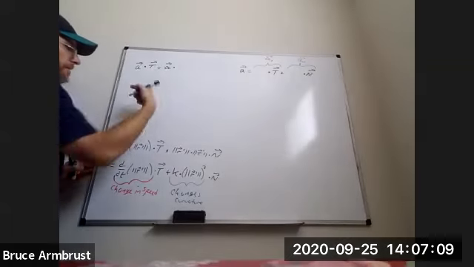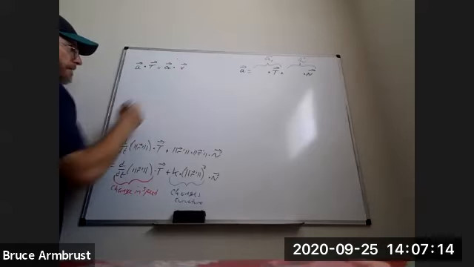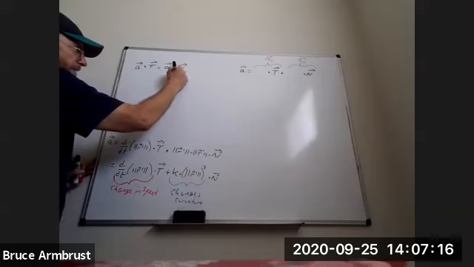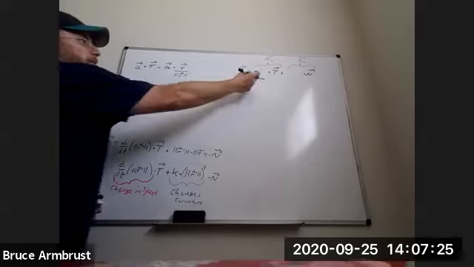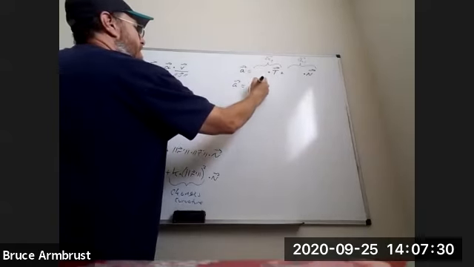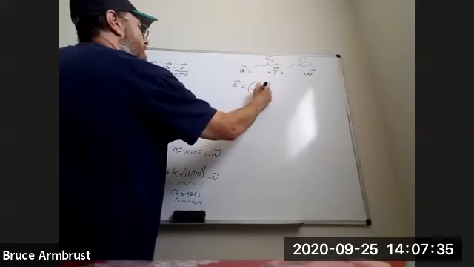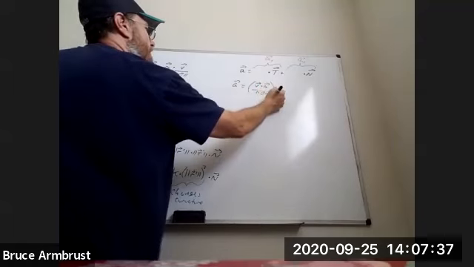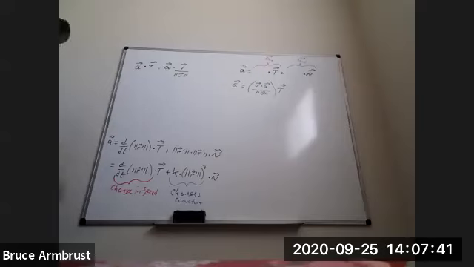T was the derivative of r, so v, divided by the magnitude of v. And so that's what we're actually going to put in as our component here. It's actually just going to be v dotted with a over the magnitude of v. So your tangential component has this magnitude.